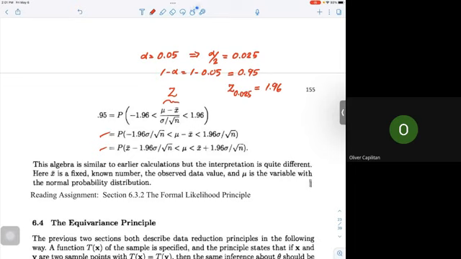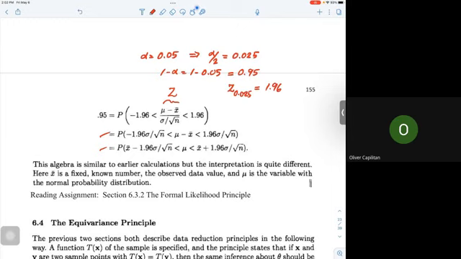So the likelihood function here is being used for us to be able to determine the PDF of our unknown parameter mu. Nalaman natin yung PDF ng ating, or the probability density function for our unknown parameter mu.